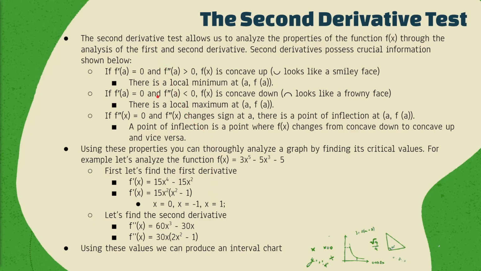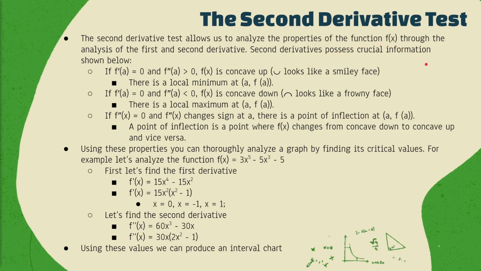In the first one, when f prime of a is equal to 0, if f double prime of a is greater than 0, then we know that f of x is concave up. In case you don't know what concave up means, it looks like this, like a U. If that's too difficult to remember, just imagine a smiley face.